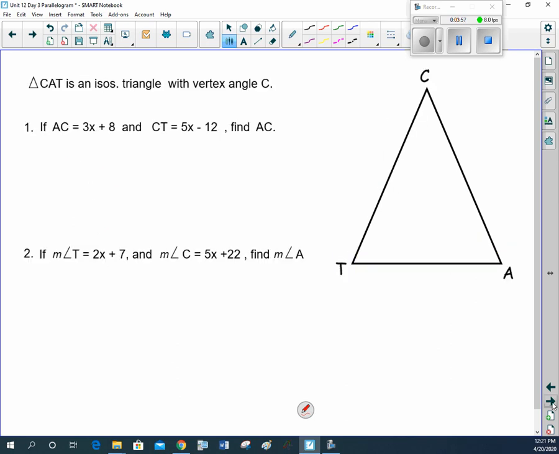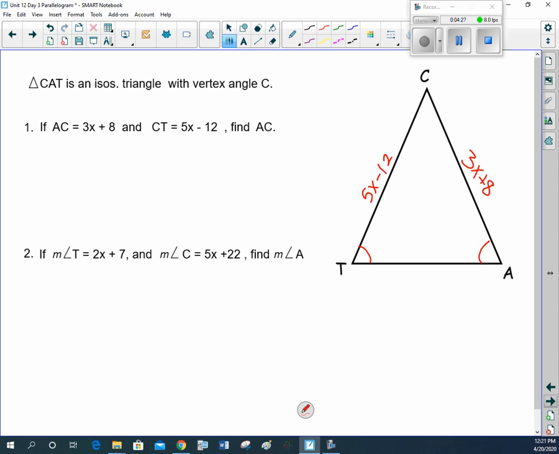Okay, so over here it says triangle CAT is isosceles, and the vertex angle is C. So if my vertex angle is C, then T and A have to be the base angles. Those are the angles that are congruent. If AC equals 3x plus 8, and CT equals 5x minus 12, find AC.